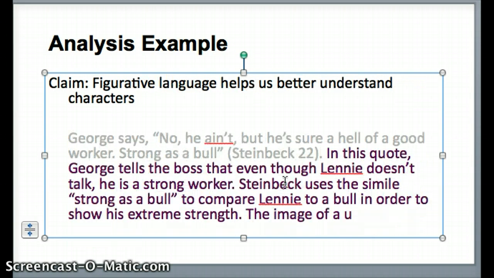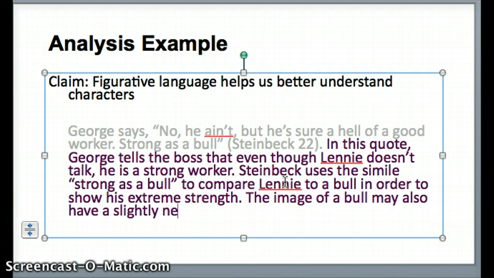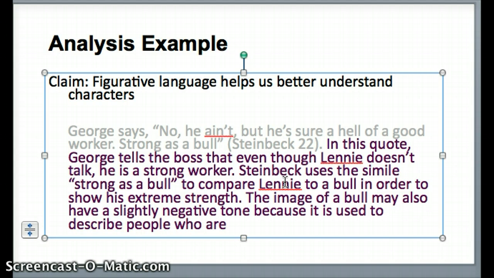The image of a bull may also have a slightly negative tone because it is used to describe people who are big and strong, but also stubborn.